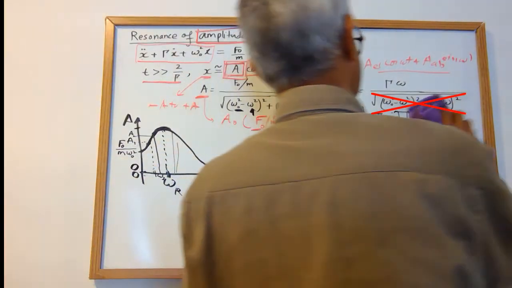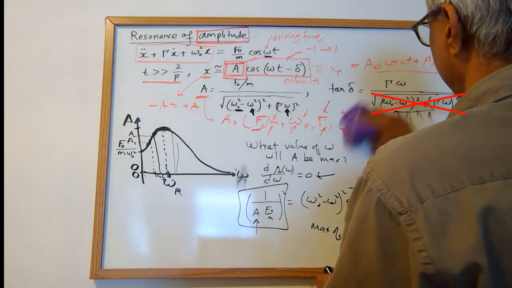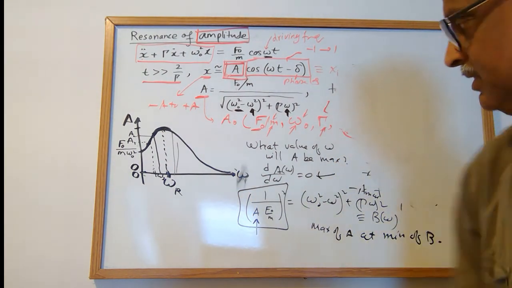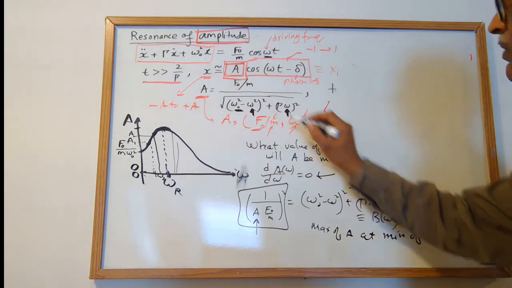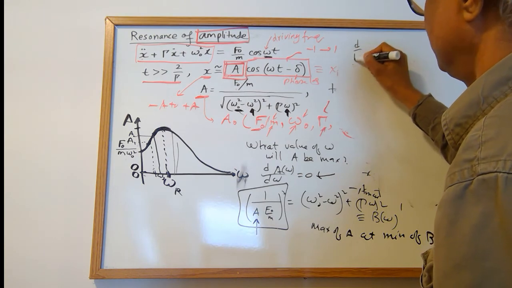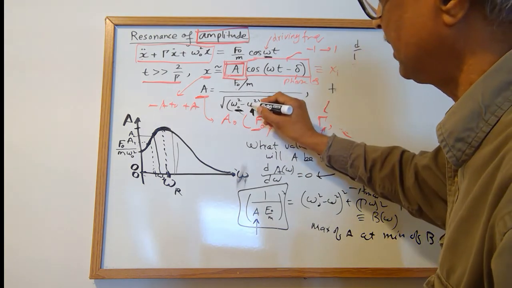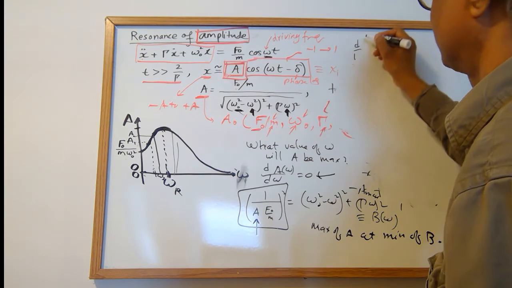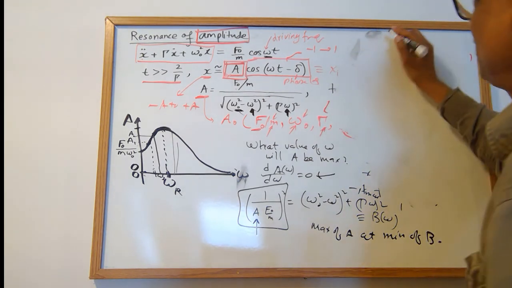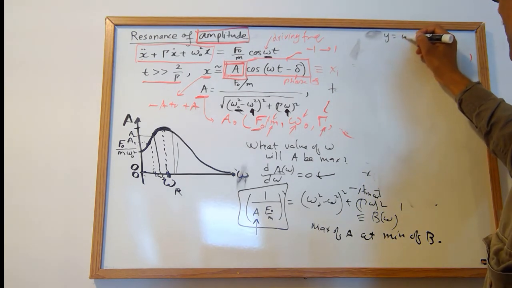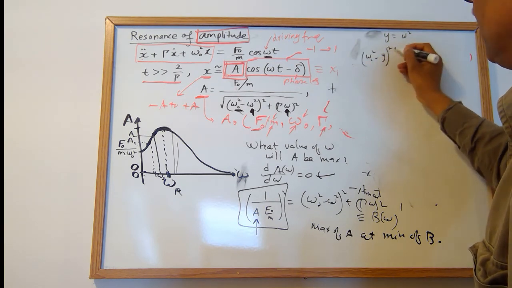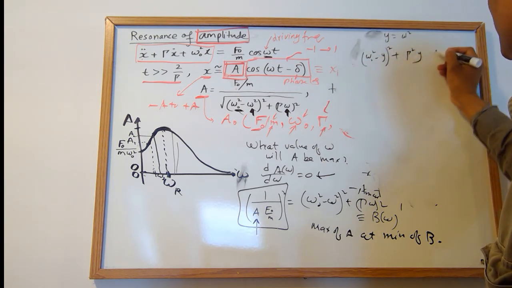So let me do out the algebra here. It's very simple algebra now, because we're looking at just the inside of this. I can say omega square as x, this is a poor choice, so let's call y equals omega square. So I have omega naught square minus y, whole squared, plus gamma square y.